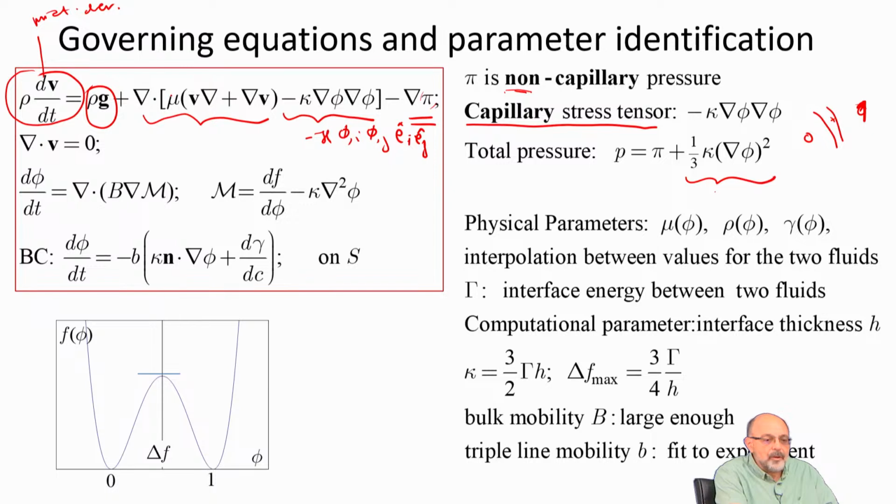My physical parameters, viscosity, mass density, let's leave this aside for a moment, but I will interpolate this in terms of phi, as I've shown before, so that it takes one value in one phase, another value, and changes gradually. And that way, my two phases are described by same flow equations.